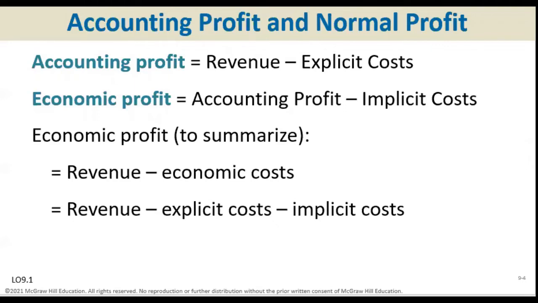So you will see that the economic profit will always be smaller than accounting profit because accounting profit excludes the implicit cost. And like I said before, the normal profit is just the return to the entrepreneur, the amount of money required by the entrepreneur to stay in that particular market.